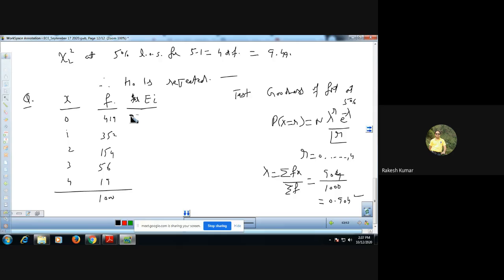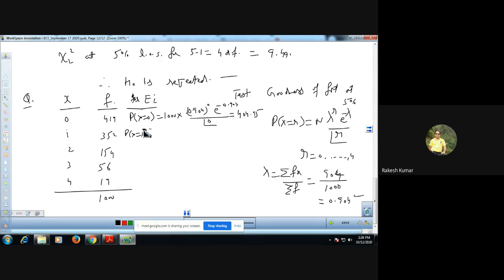Probability X equal to 0 is 1000 into e power minus lambda into lambda power r, that is 0.904 raised to power r, where r is 0 here, e power minus 0.904 divided by 0 factorial, and it comes out to be 404.95.